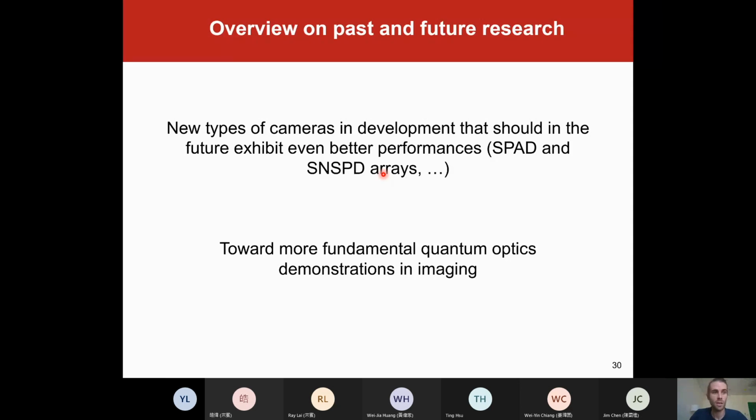SNSPDs are superconducting nanowires that are very much the detector of choice in quantum optics, and we have seen some people putting a very small number of those in an array, trying to build a camera. So it's very exciting for the future development of quantum imaging.